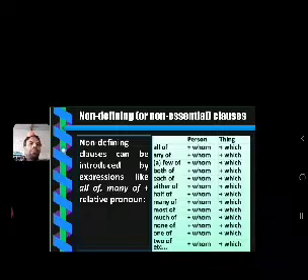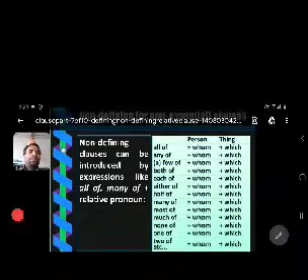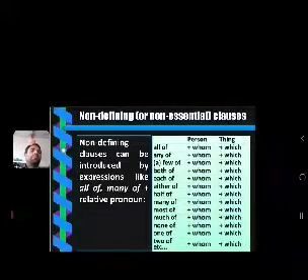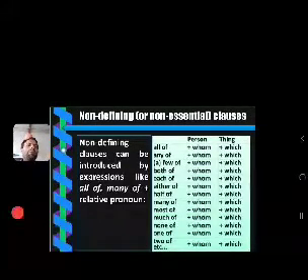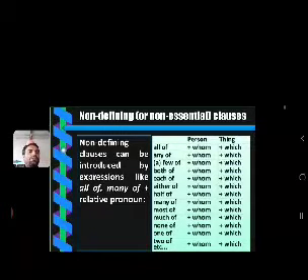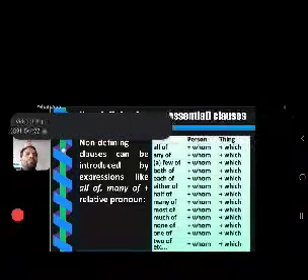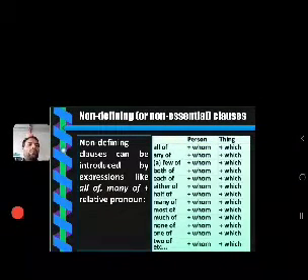For example, look here, non-defining clauses can be introduced by expressions like all of, many of, plus a relative pronoun. You see here: all of, any of, few of, both of, each of, either of, half of, many of, most of, much of, and also none of, one of, two of, etc., with a combination of whom or which.